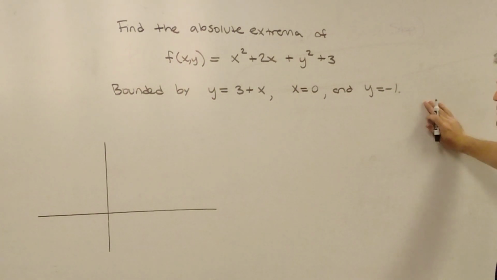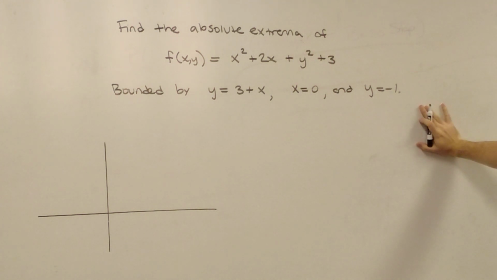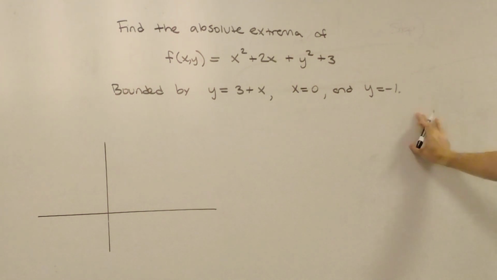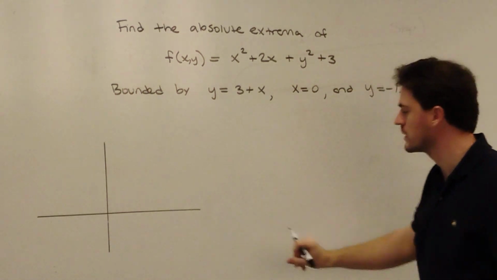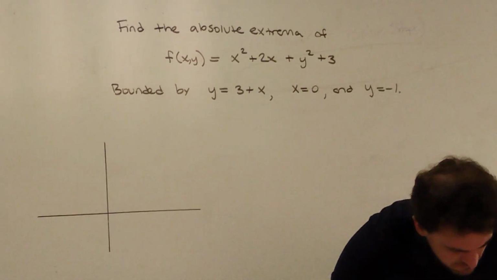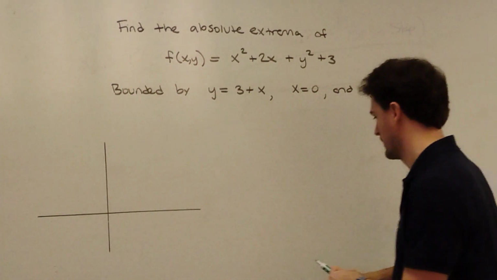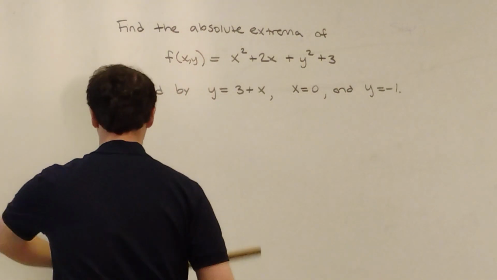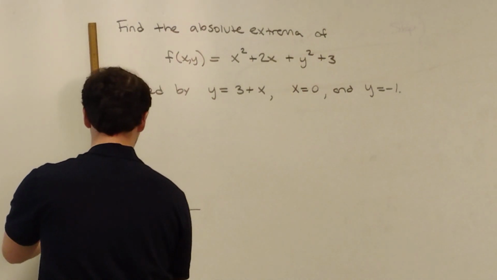Most of the time, these will be pretty straightforward. They'll be straight lines or circles or something pretty straightforward. If they're not, we've got Desmos. We can go ahead and sketch what these things look like. So I have x equals 0. That's my vertical line, x value is 0.